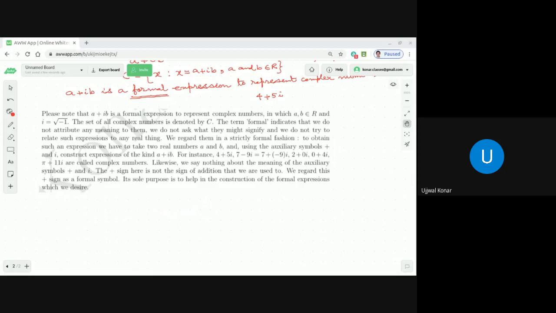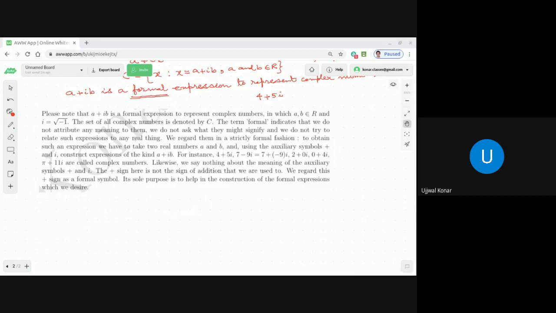Great. Now we are going to define a few more things. If z is equal to a plus ib, then the real part we know is a, and the imaginary part we know is b.